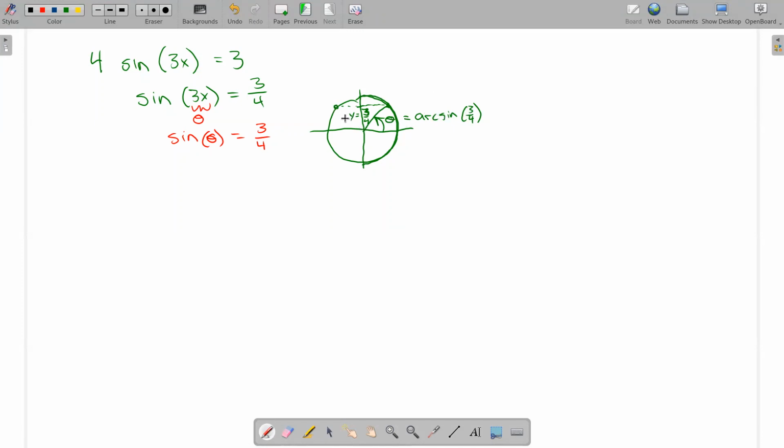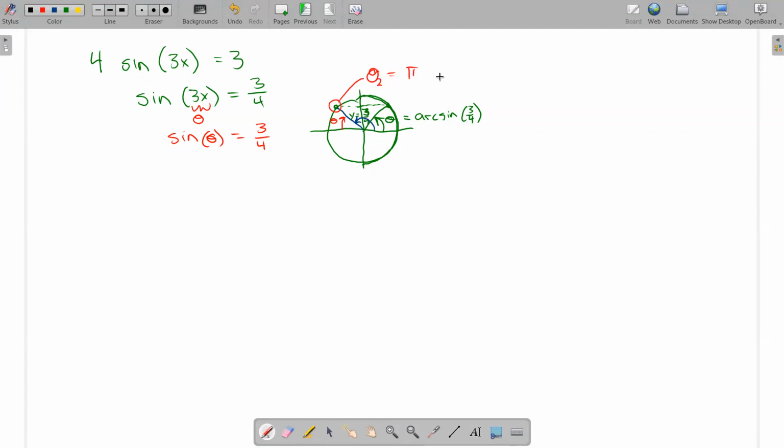The other solution over here, let's do that one in blue. That blue angle there has a reference angle that matches theta. So if I go over to pi and then back up by that reference angle, my claim is to get to that point right there. I'm going to call that theta 2 for my other angle.